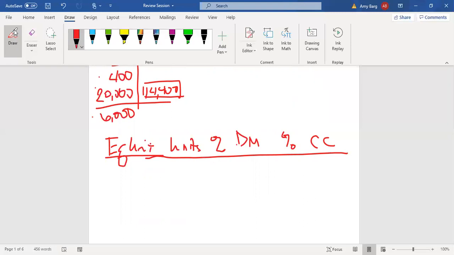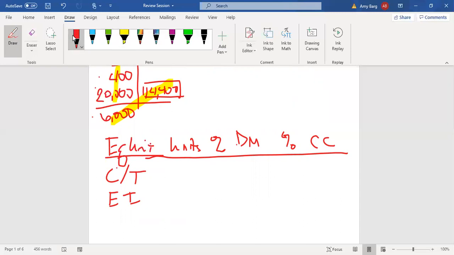So we know that we need to know what was completed and transferred and what's left in ending inventory, because this here has to equal this here, right?